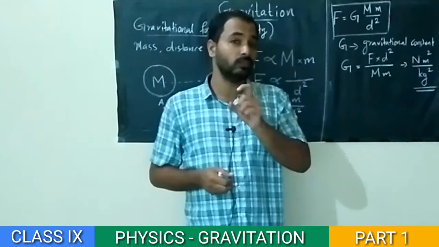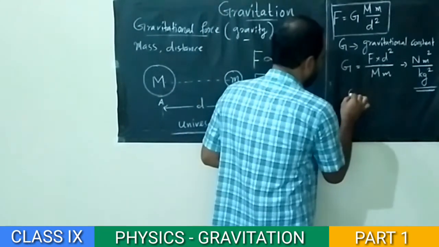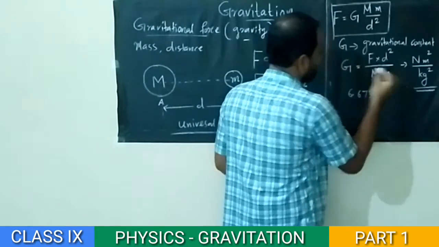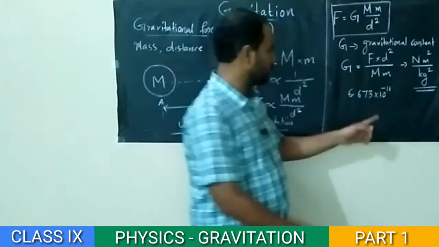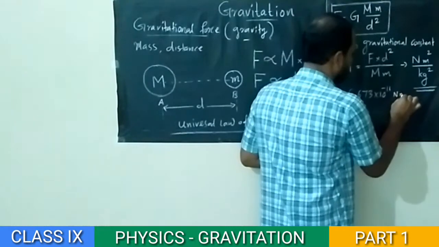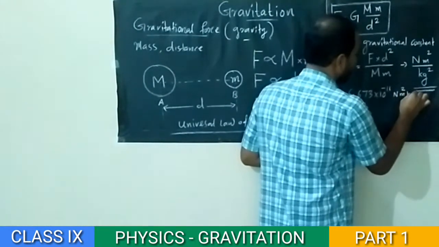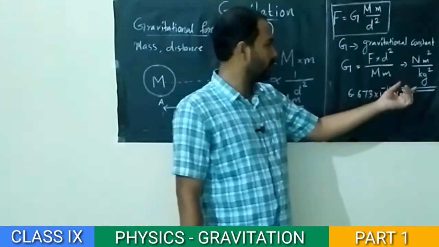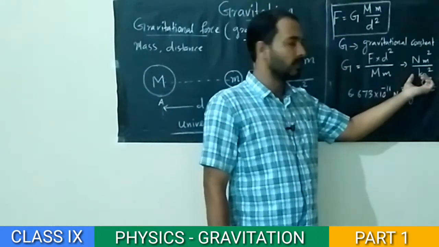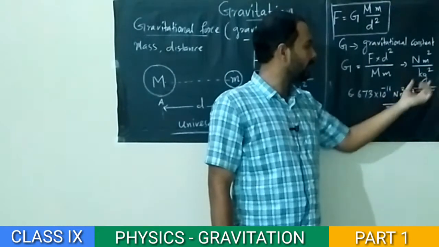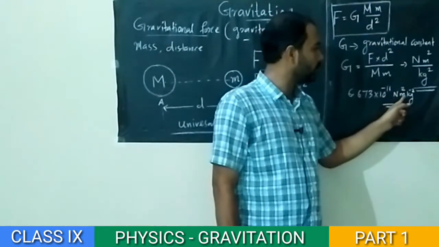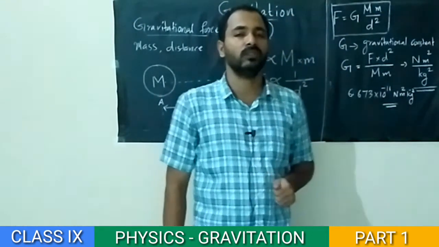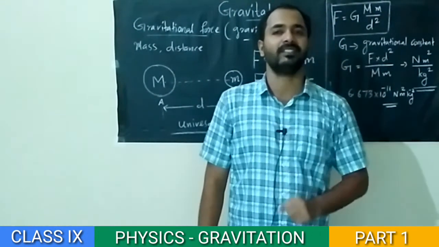It is found to be 6.673 into 10 raised to minus 11, unit Newton meter square kg raised to minus 2. Here it is divided by kg square, so we can write it as Newton meter square kg raised to minus 2. This is the value of the universal gravitational constant.